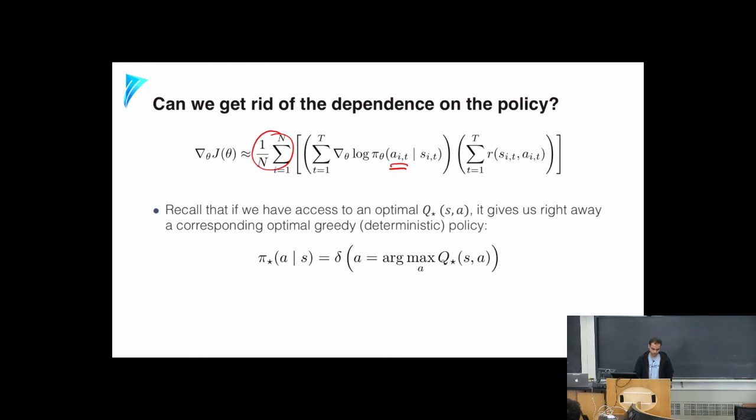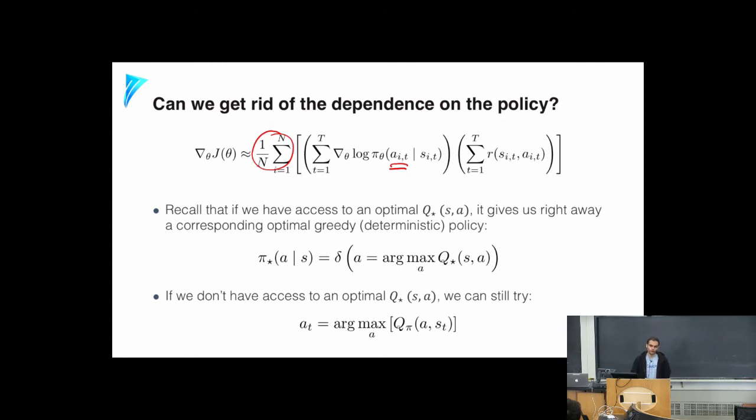But also, if we don't have Q star, let's say we have some policy, and we can compute the corresponding Q pi for this policy. Let's say we're able to execute dynamic programming, start from one state and estimate the Q for this pi for all the states and all the actions.